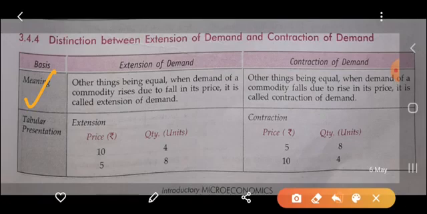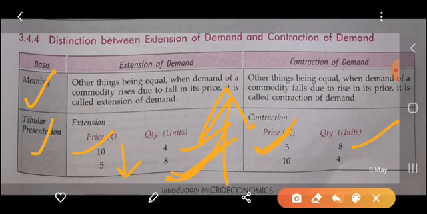Now the tabular presentation: when the price is 10, the consumer is consuming 4 units. When the price falls from 10 to 5, the consumer is consuming more of the commodity. When the price falls, the consumer consumes more. In the contraction of demand, when the price is 5, the consumer is consuming 8 units.